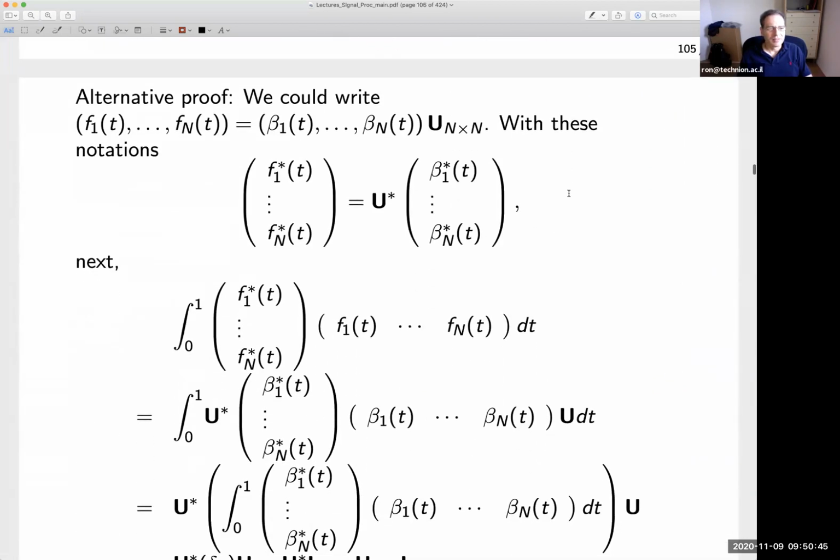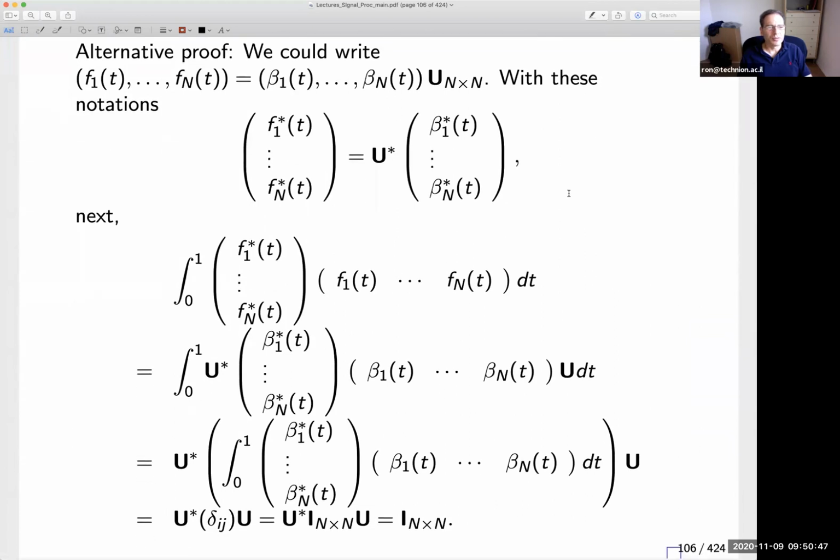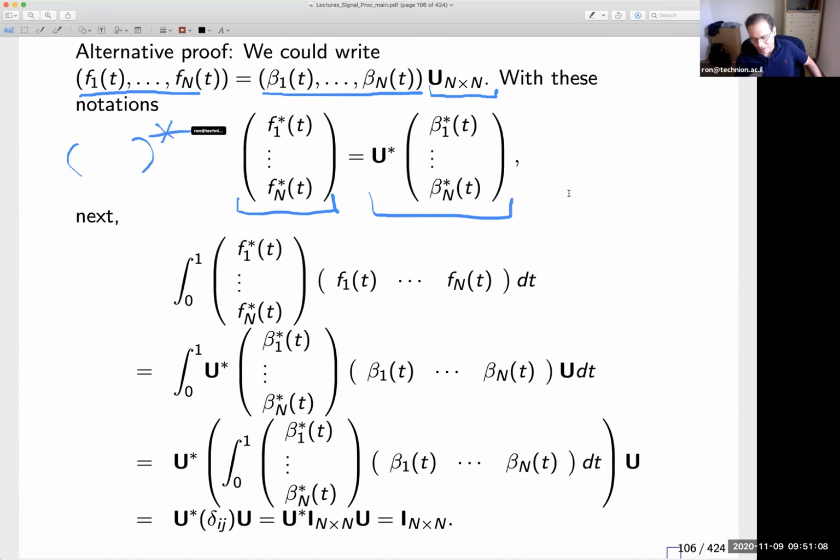There is also an alternative proof in which we write the F explicitly as the betas that multiply the unitary matrix. And then we can also have the conjugate of these written as such. If I just take this and write it as conjugate, then this is how it would look like.